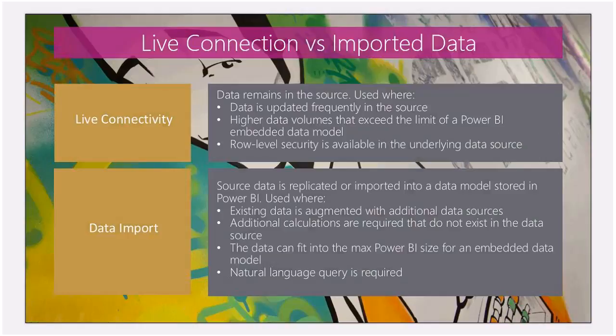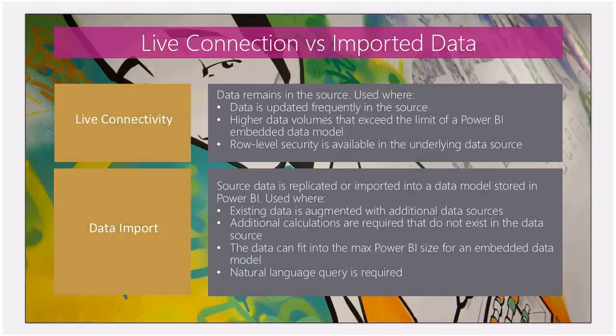store in Power BI. That's compressed as well, so you get a lot more in there, depending on what your data looks like and how compressible it is, but typically you get a lot more in than a gig's worth. For the Pro version, this is per user, by the way, so you get a gig per user. For the Pro version, I think it's 10 gigs per user, but that's all available on powerbi.com. So if you import your data into Power BI, this is a good way to augment your data with other data sources and join them together.